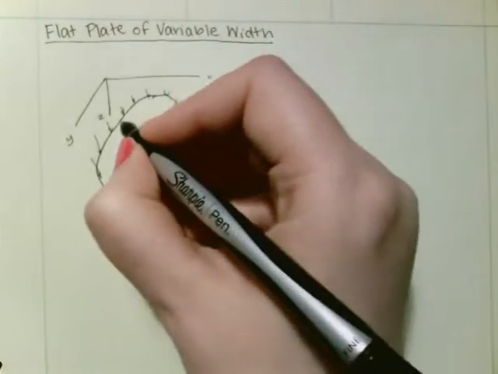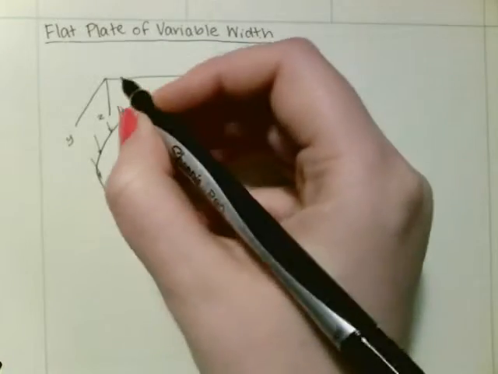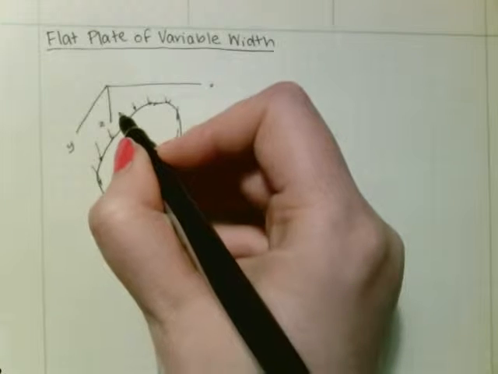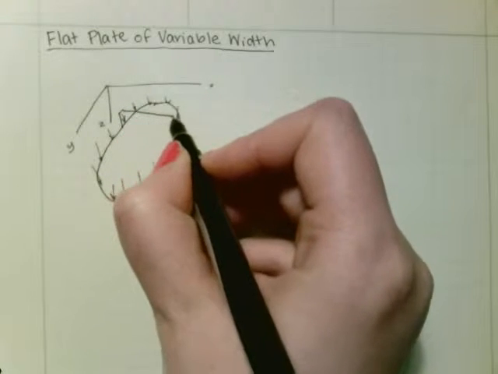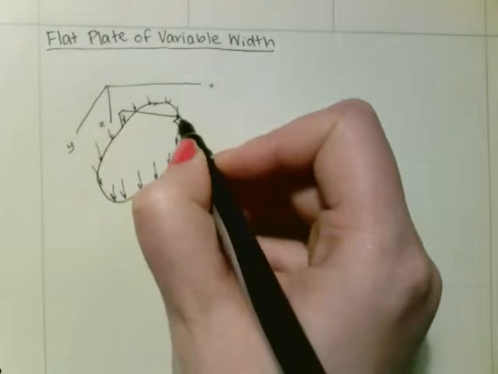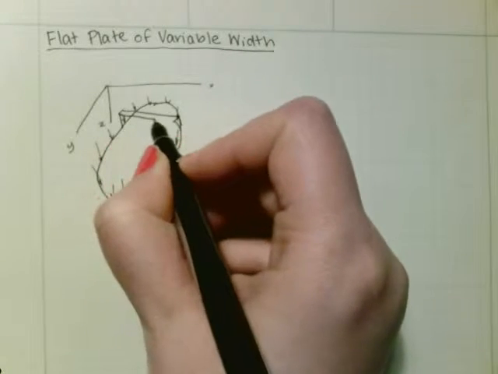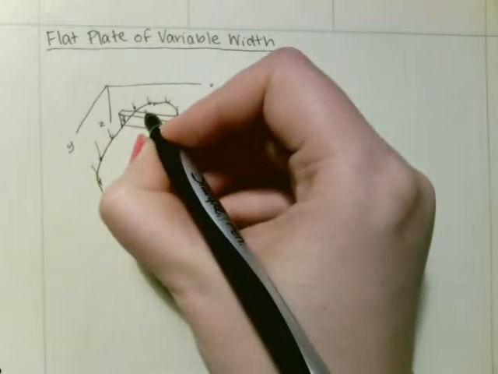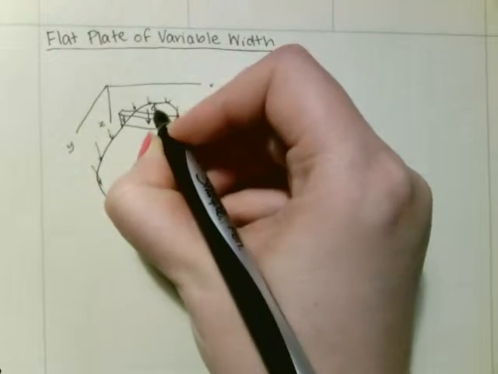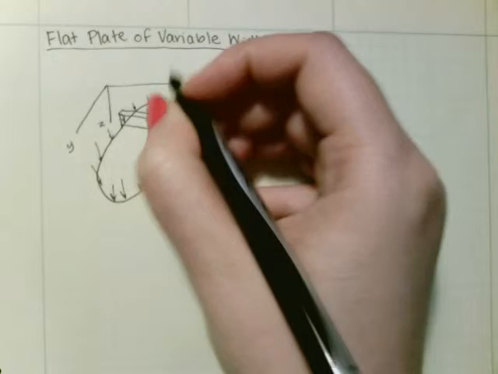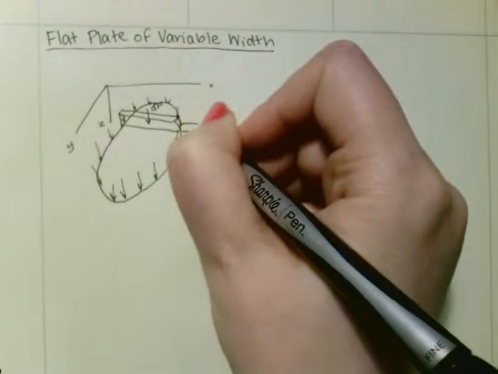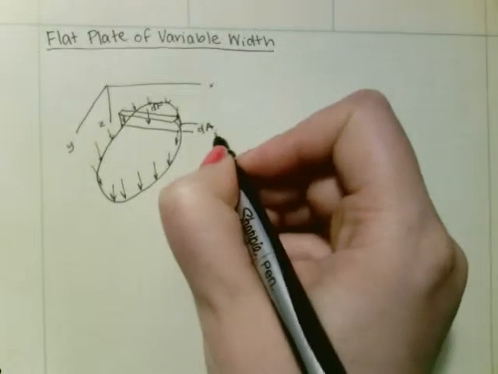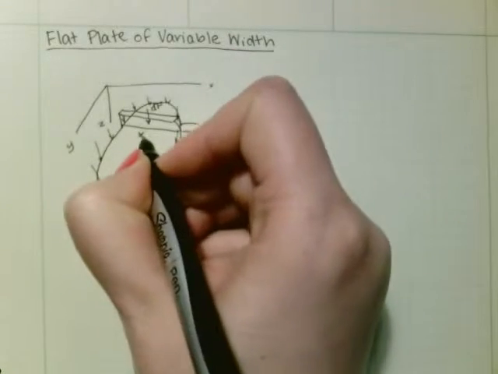And now if we wanted to take just one segment of this, and it would go through the entire plate, not just on the edges, but if I wanted to take just dF, then I would have dF acting right there. The width of this would be dA. This would be dy, and then I would have x.